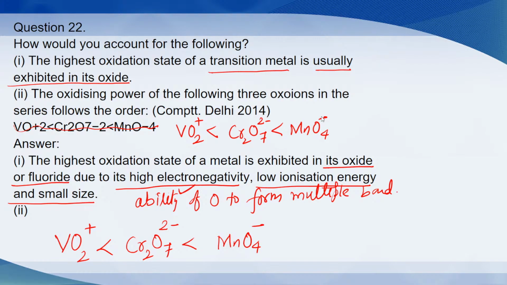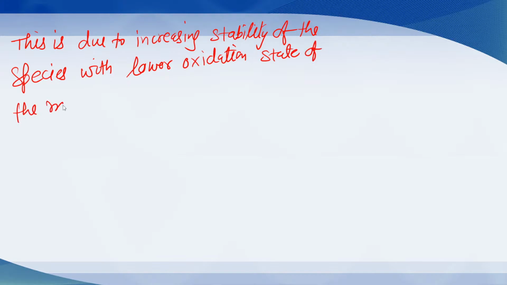So the reason is, you will write, this is due to the increasing stability of the species with lower oxidation state of the metal in which they are reduced.